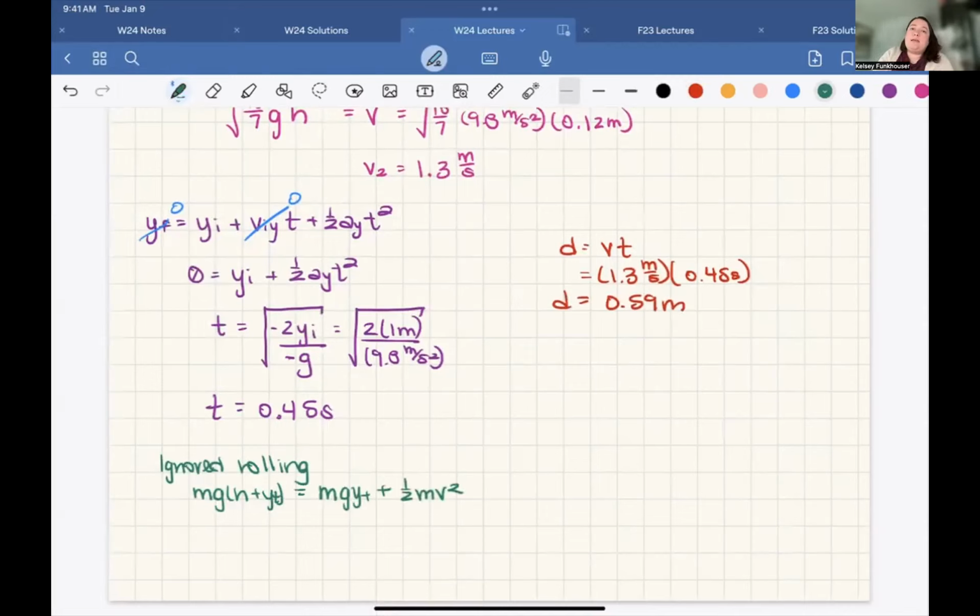And doing the algebra there, the velocity would be the square root of 2gh, which is 1.5 meters per second. So that's faster.